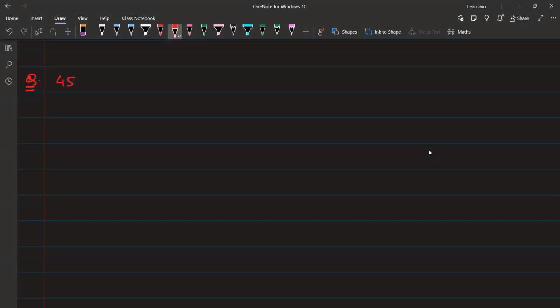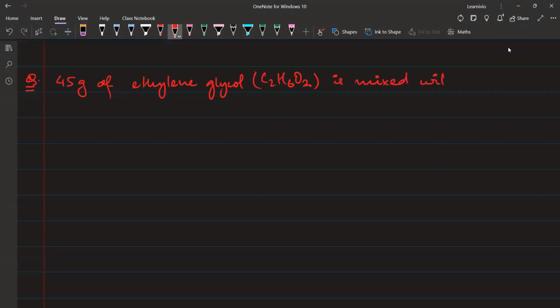45 grams of ethylene glycol, the formula is given C2H6O2, is mixed with 600 grams of water.